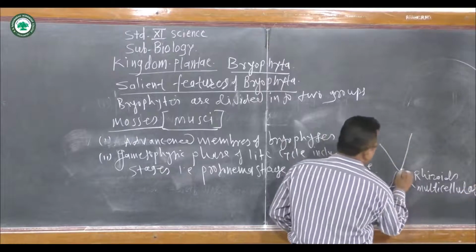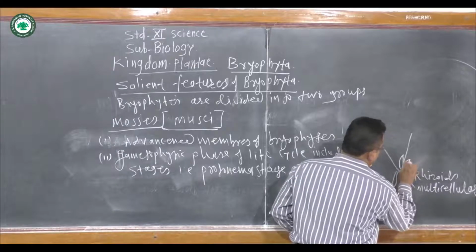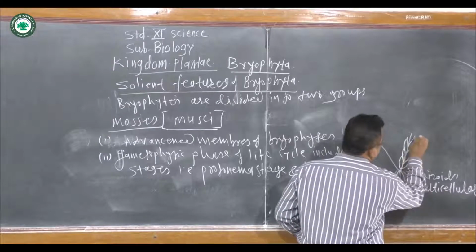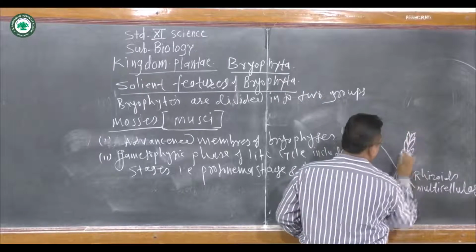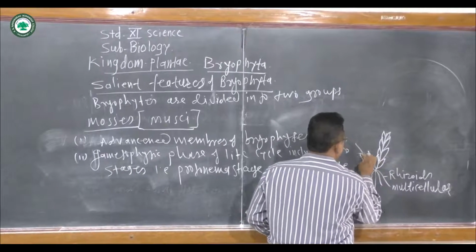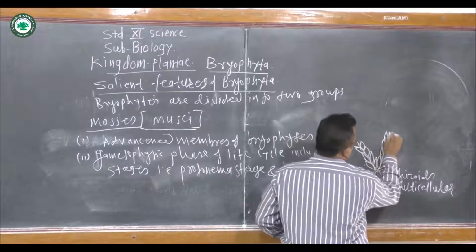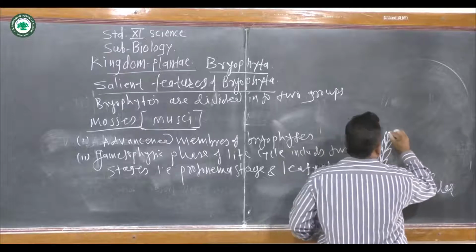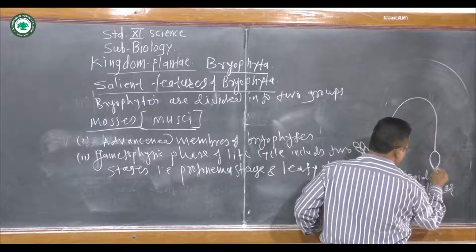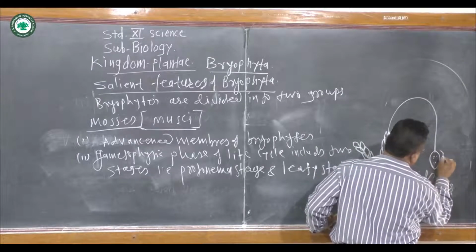Then on the stem-like structure, leaf-like appendages are spirally, compactly arranged, on which the sporophyte grows. The sporophyte is the capsule.